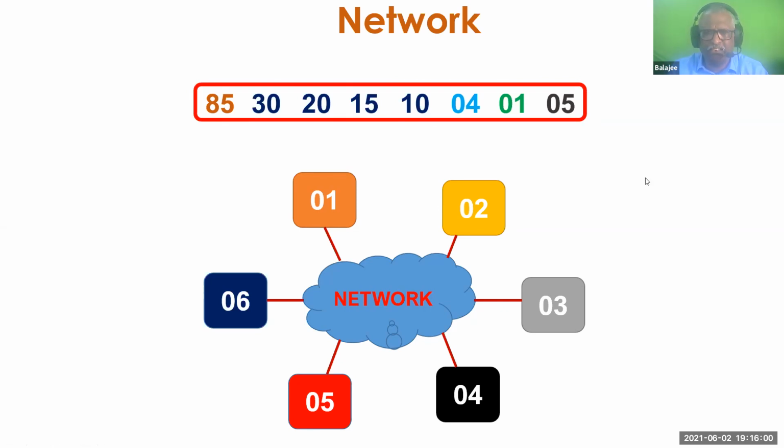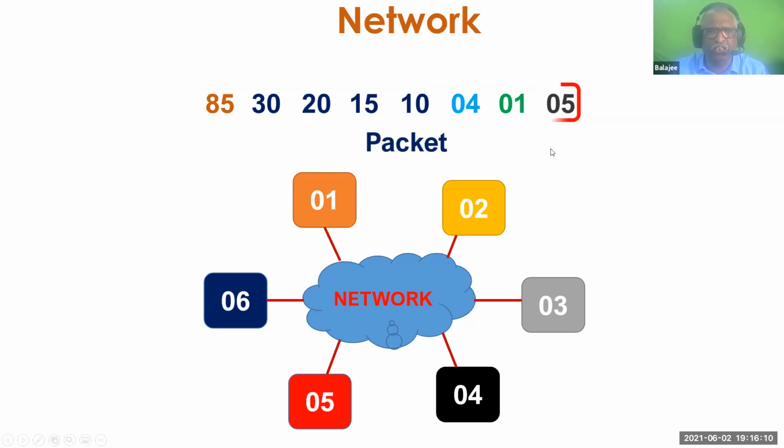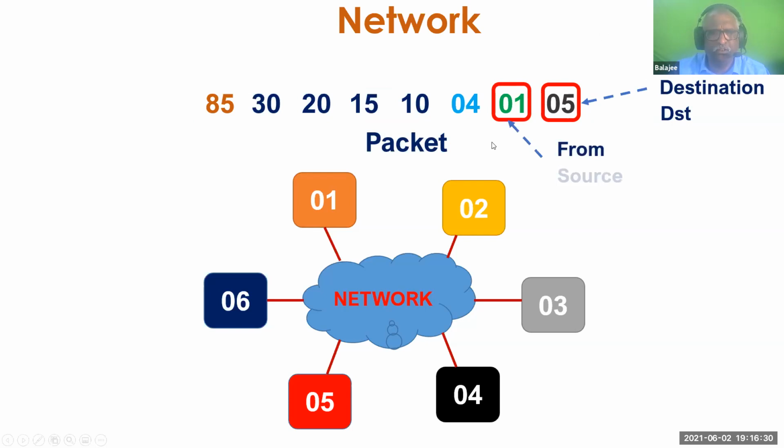discuss these packets. This one we call a packet. In this packet, the 5 we call the to address, or destination address, or DST. Anything is fine. The first byte is that. The second byte is called the from address, or source address, or SRC.